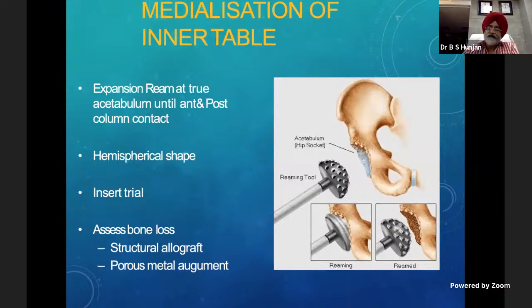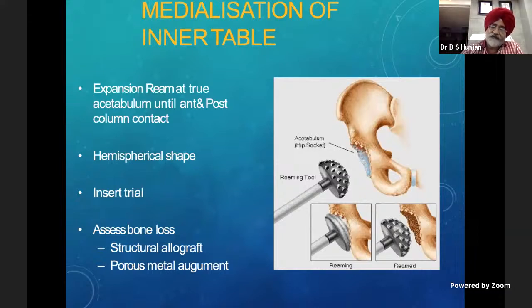And now, medialization of the inner table of the acetabulum, how to do that? We can just expand the ream. We can use the expansion reamer, and the true acetabulum is identified, and the anterior and posterior columns, till the anterior and posterior columns are intact, we can just ream it, and we make the acetabulum hemispherical and then insert the trial.